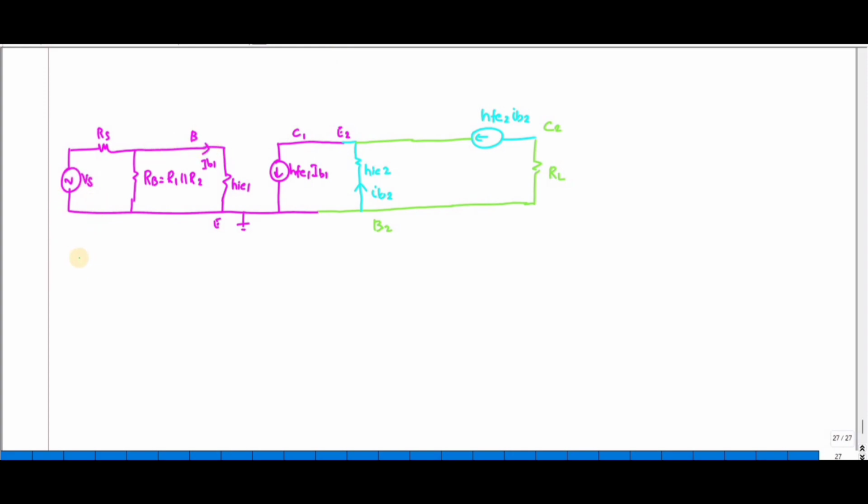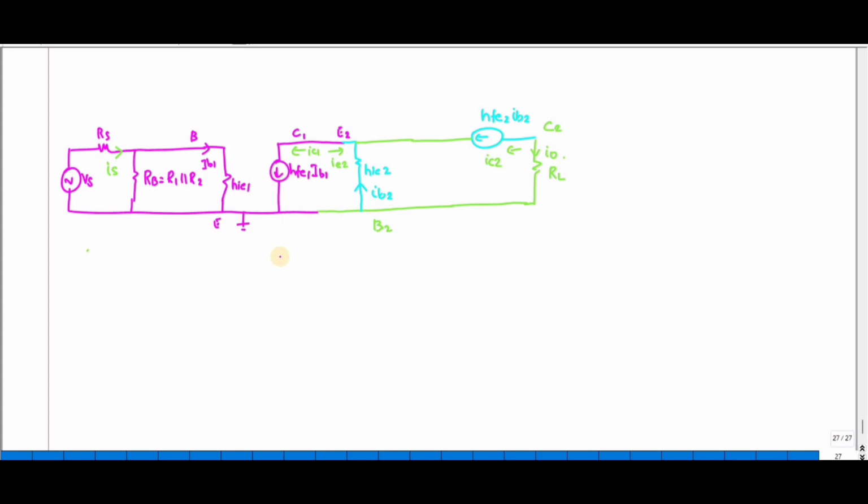Let me term this current as IS, this as IB1, this current as IC1, this as IE2, this as IC2, and this current as I0, which is your output current.